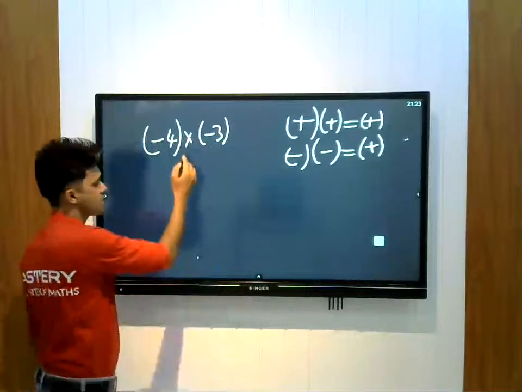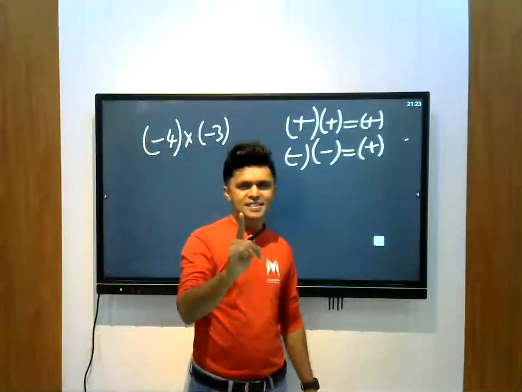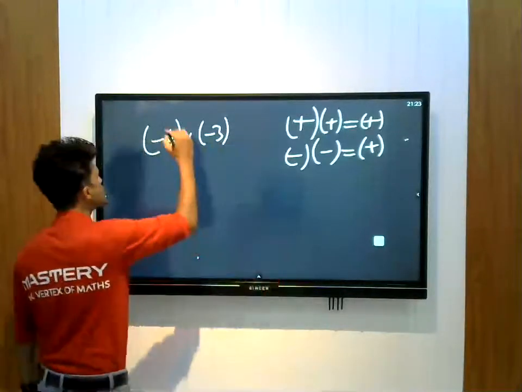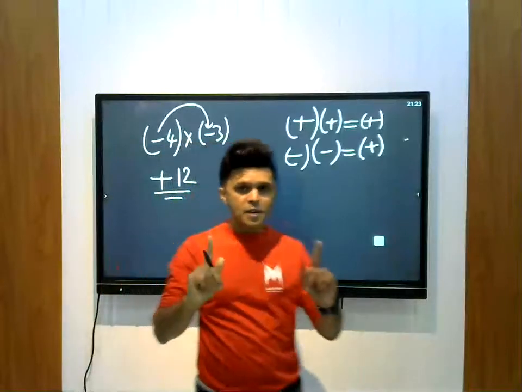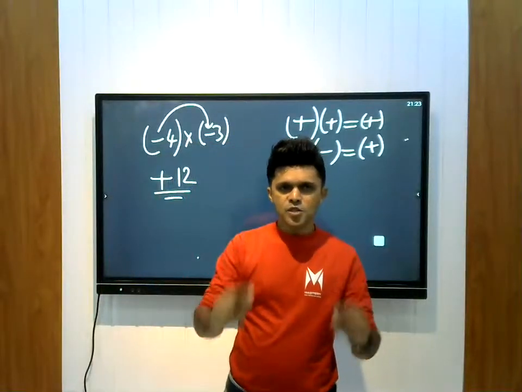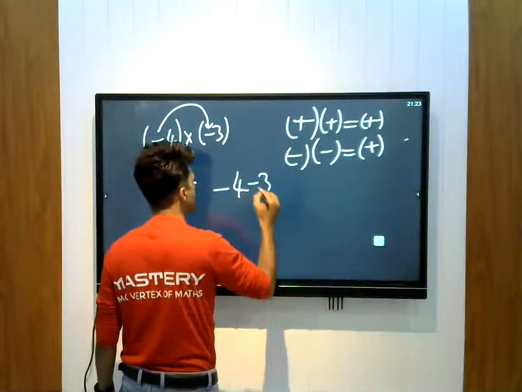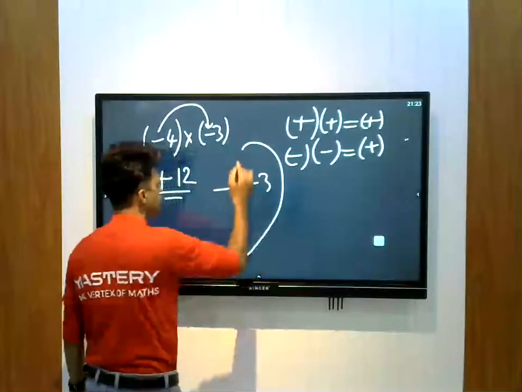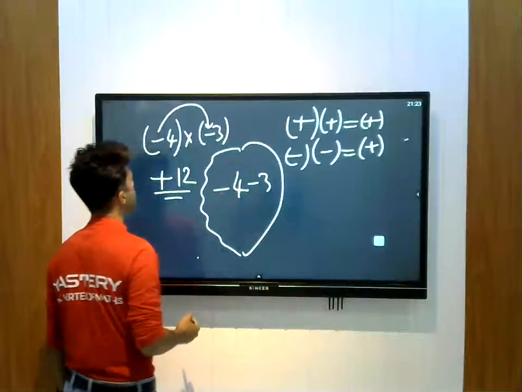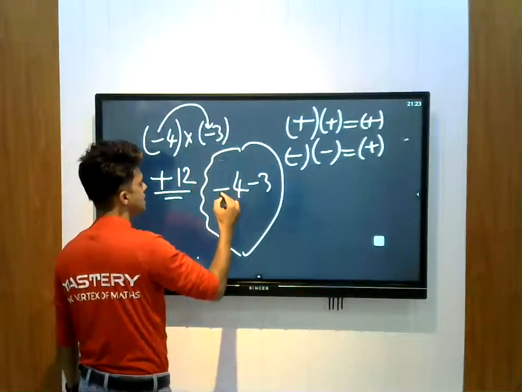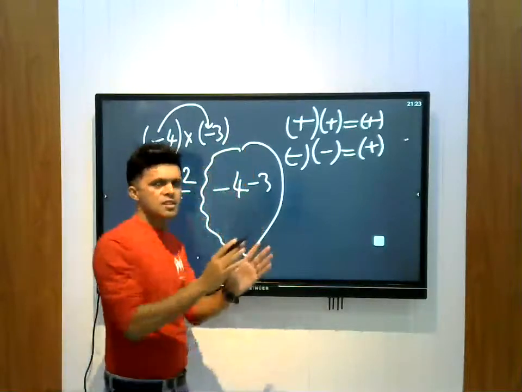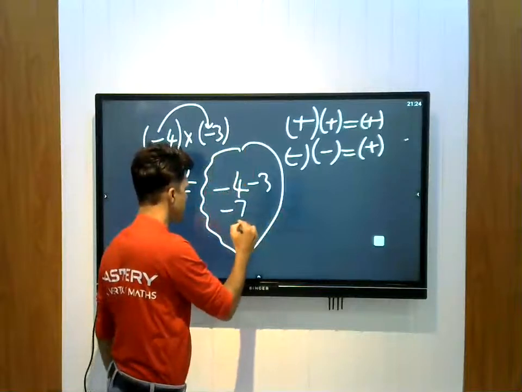Yes, it is multiplication, don't forget it. Bear in mind that you can't write minus 4 minus 3 here, because previously you learned that minus 4 minus 3 is minus 7.